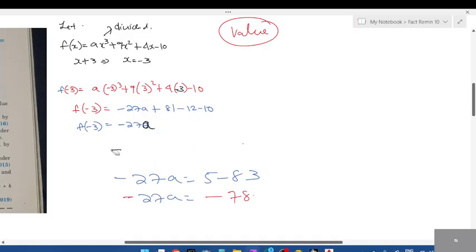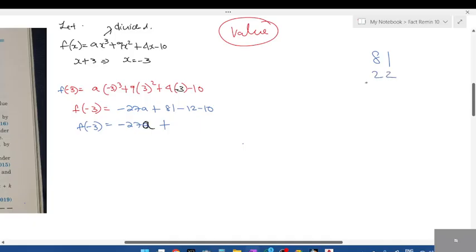Not 54. No, not 54. What's the value? 81 minus 22. Ah, 59. Oh, no, no. When 59, 9 squared is 81.